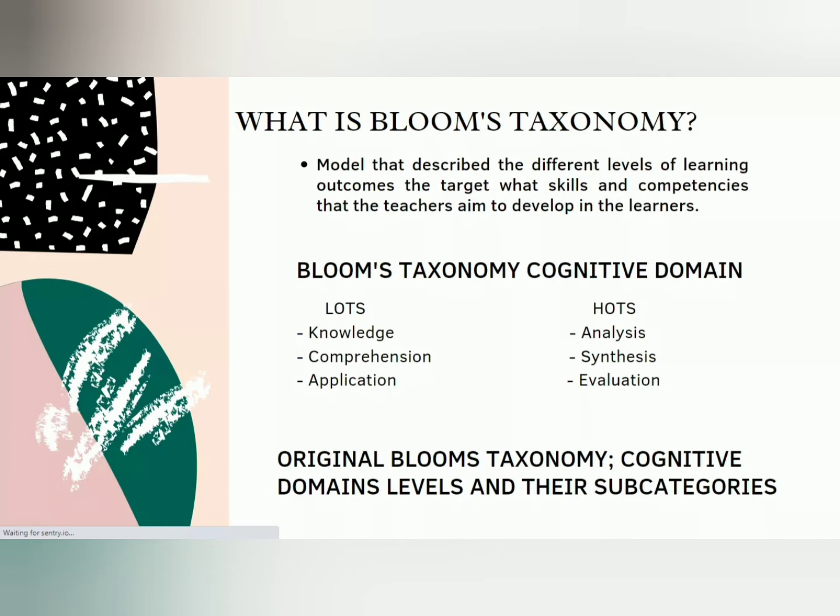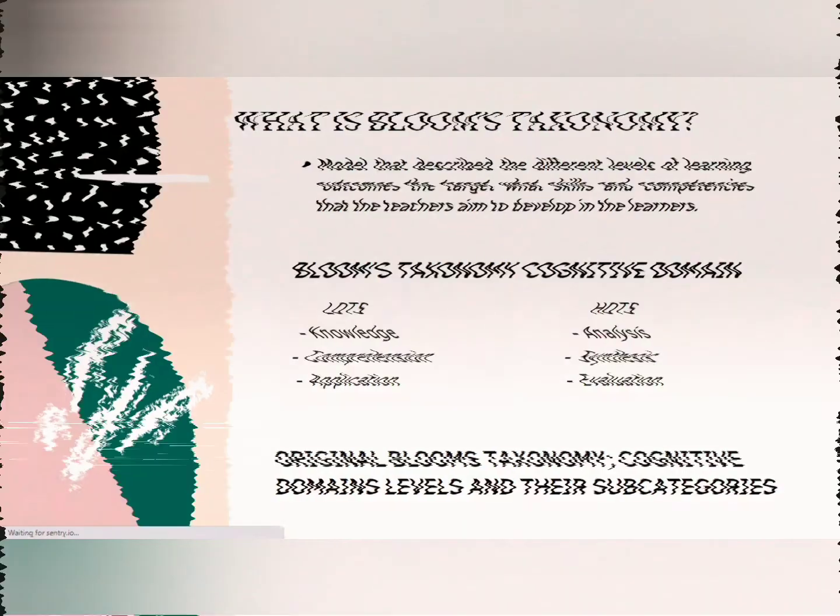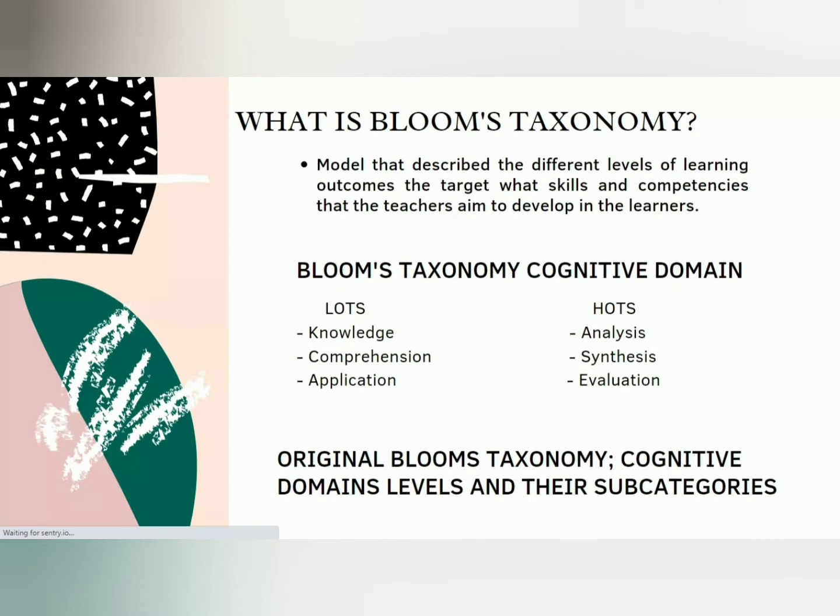Let's proceed to the third level of lower order thinking skills, which is application. So this application refers to the ability to use learned material in new concrete situations. This may include the application of such things as rules, methods, concepts, principles, laws, and theories.